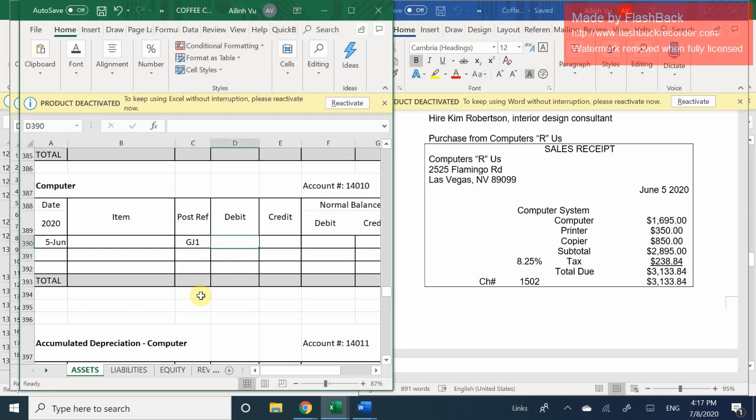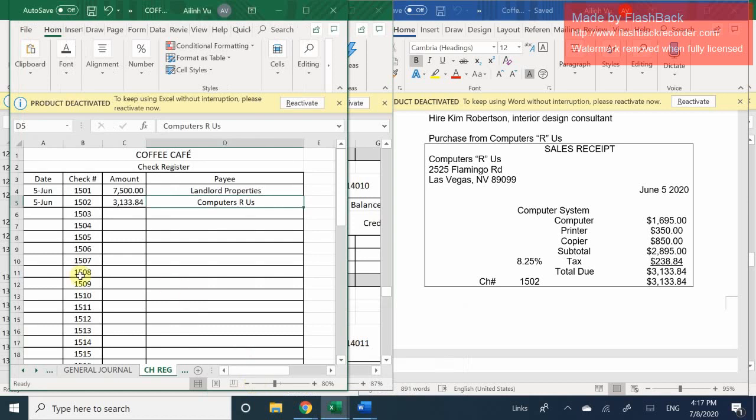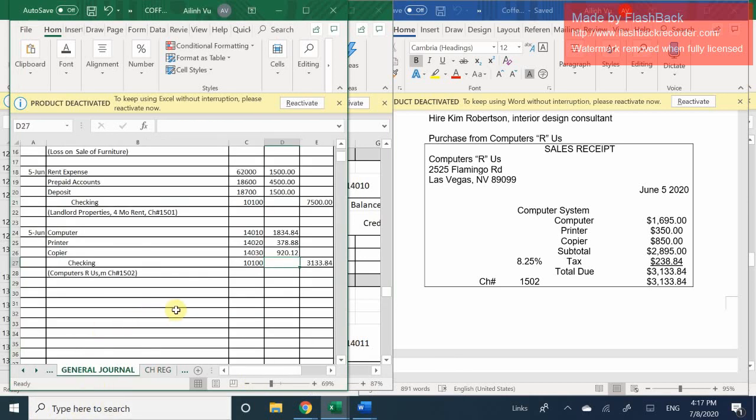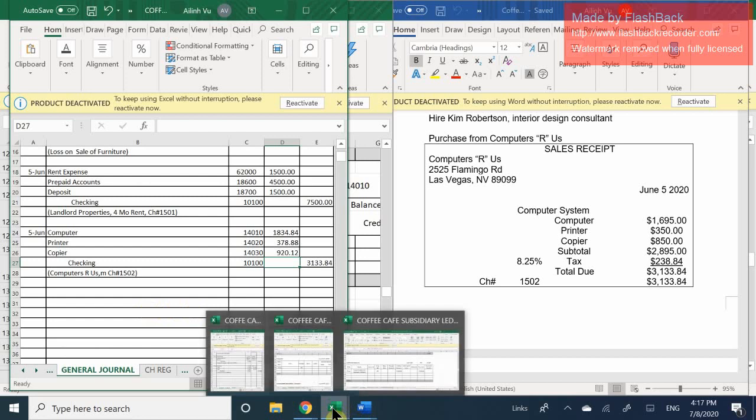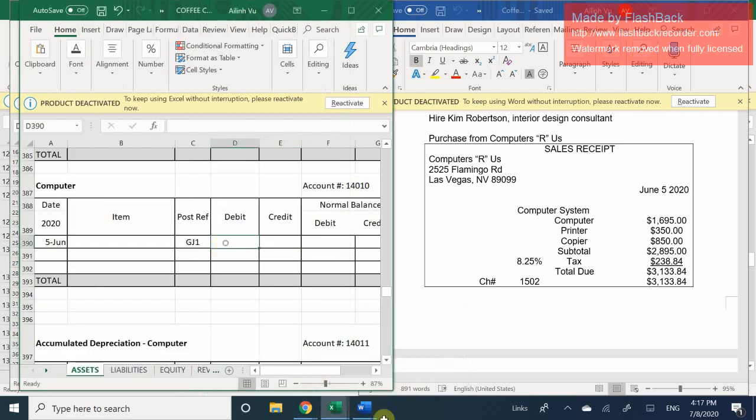And how much did we calculate for the sales tax for it? 1834.84. 1834.84.